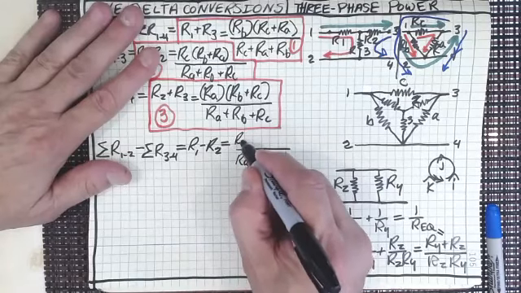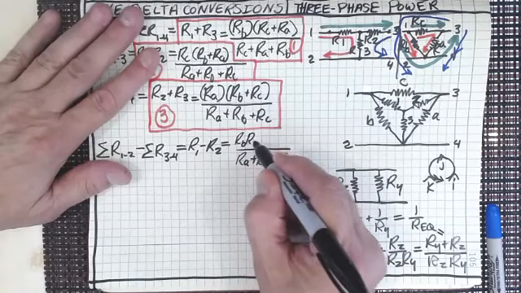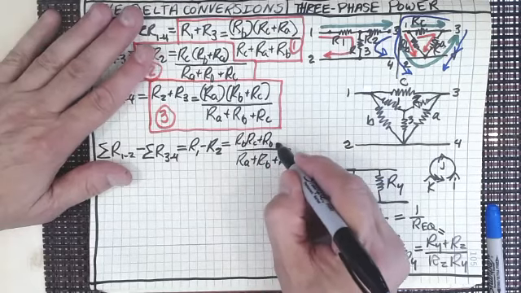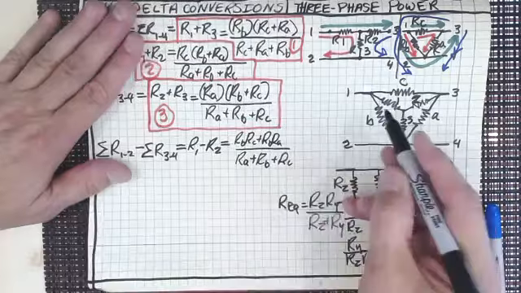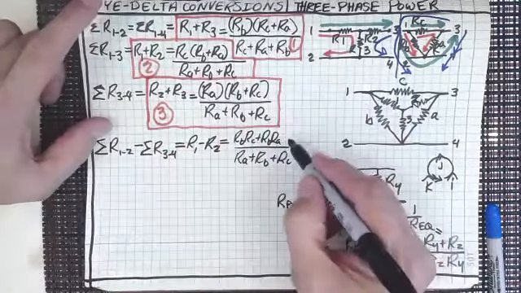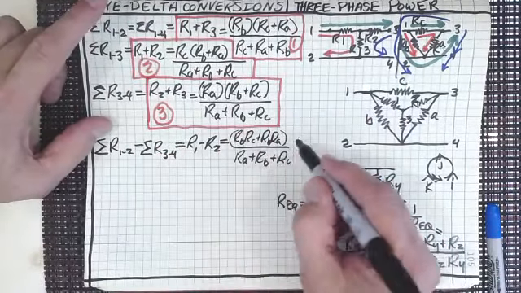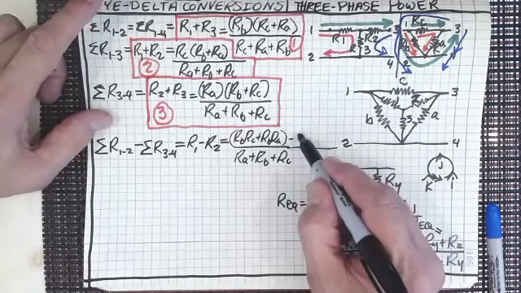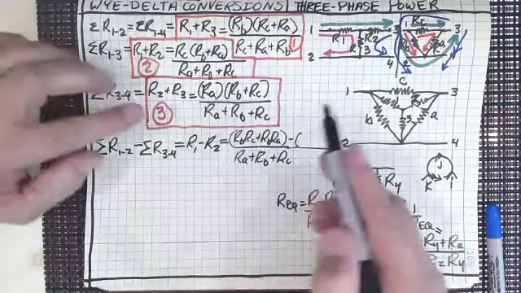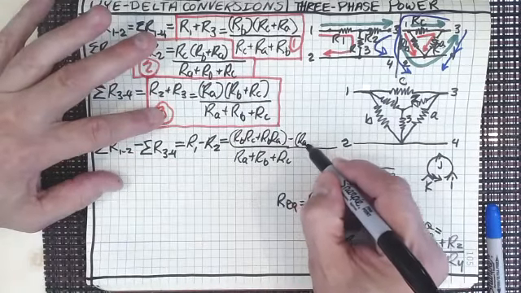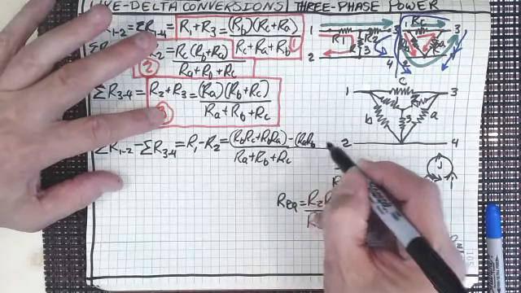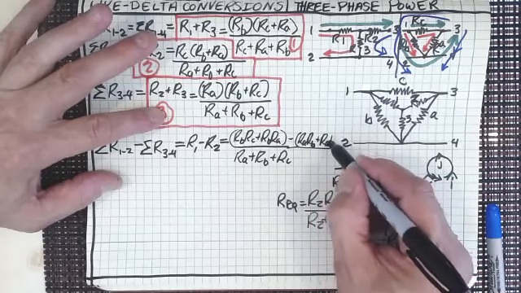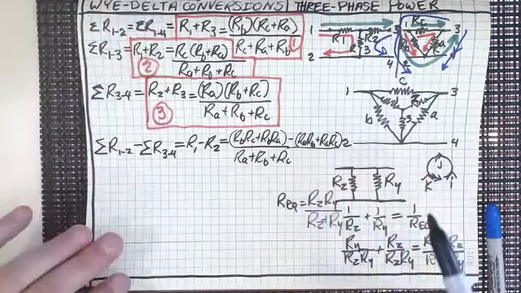So I've got R sub B times R sub C plus R sub B times R sub A. That's this right here, right? Minus, let's extend that out, minus, and let's put this now. R sub A times R sub B plus R sub A times R sub C, right?